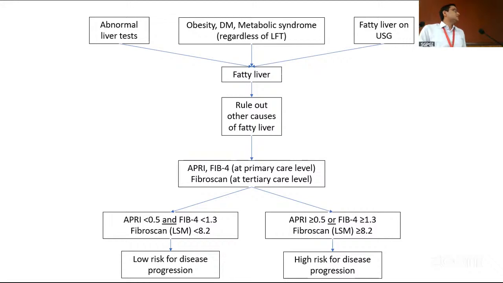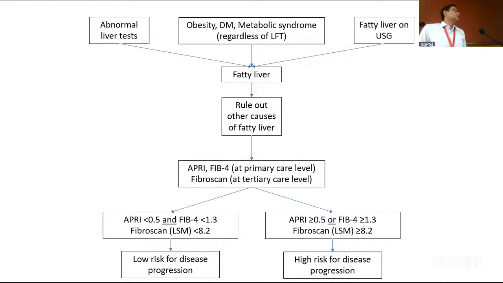Once these findings are present, we have to rule out other causes of fatty liver, like we should inquire about alcohol intake, any drug induced liver injury, or other causes like viral hepatitis C. Once we have ruled out these things, then we assess with APRI or FIB4 at primary care level to see whether significant fibrosis is there, for which the cutoff for APRI is 0.5 and FIB4 is 1.3.